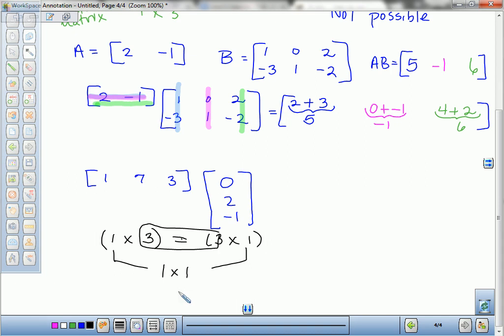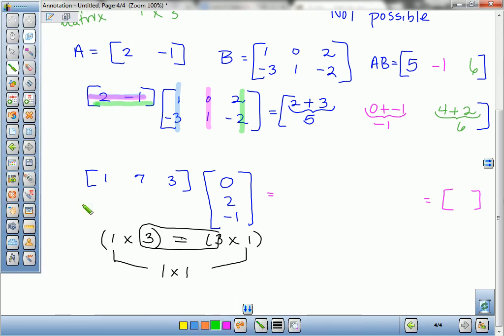That means it's going to be one number. Weird. Okay, so we know when we're done, we just get one little number. So we're going to do this row and that column. And that's it.